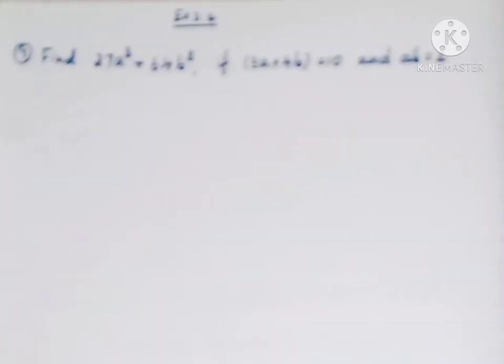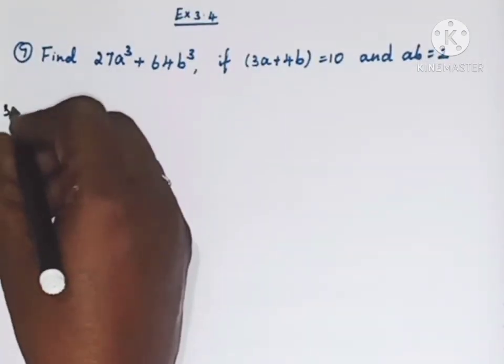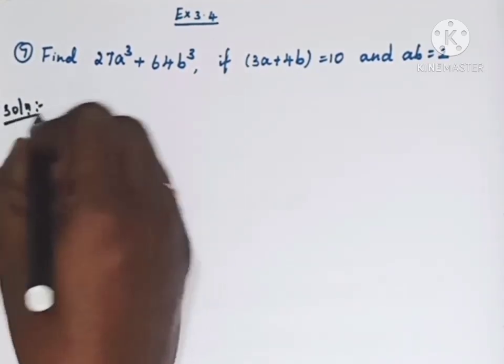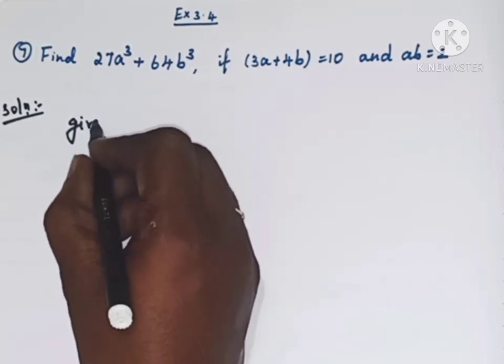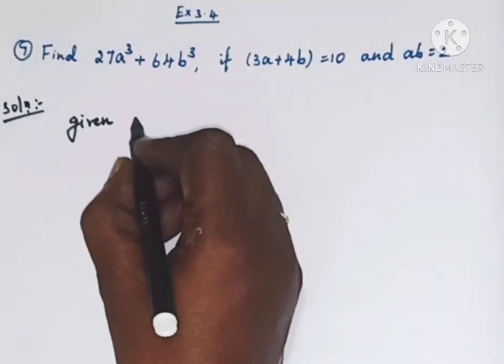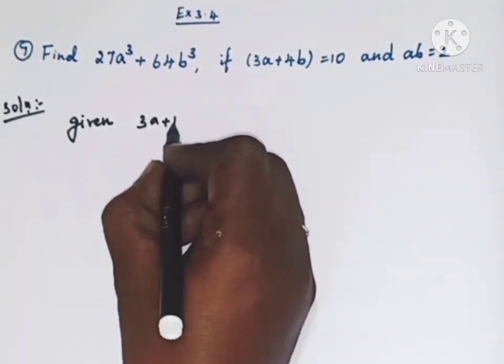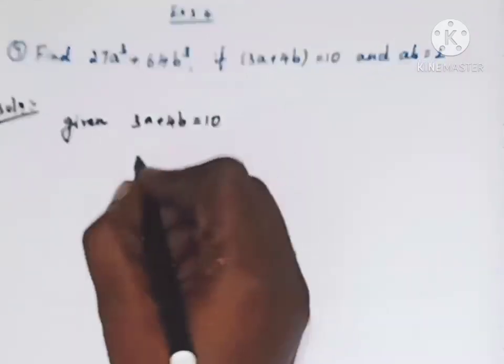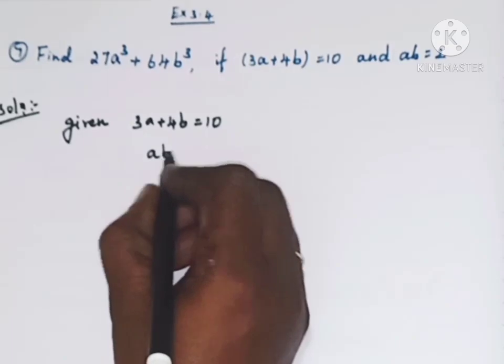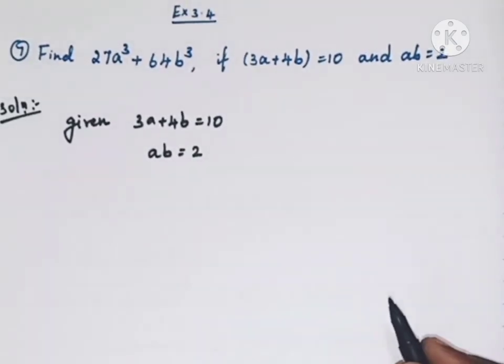Now the solution. Given: what are the values given in the sum? 3a plus 4b is equal to 10 and the value of ab is also given, ab is equal to 2.